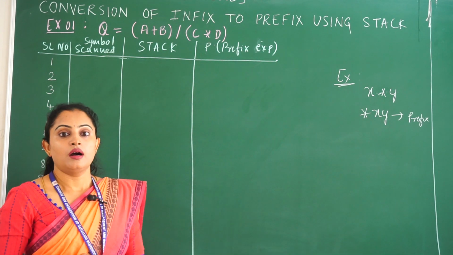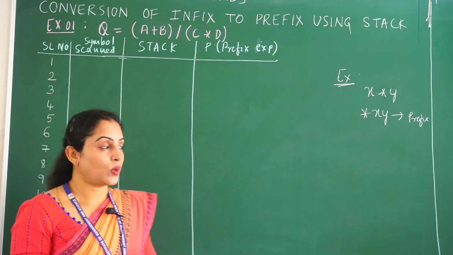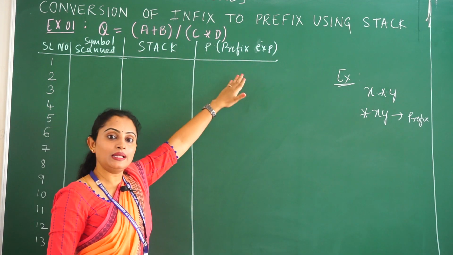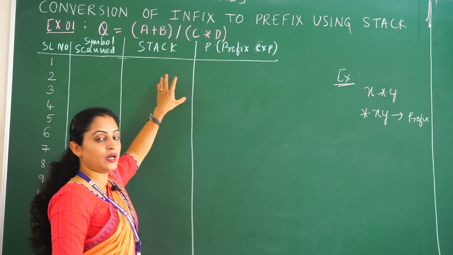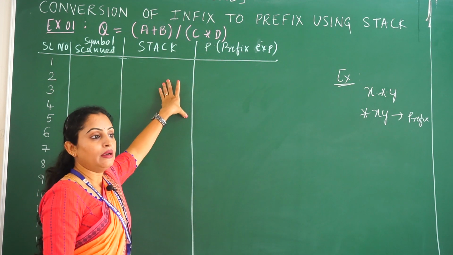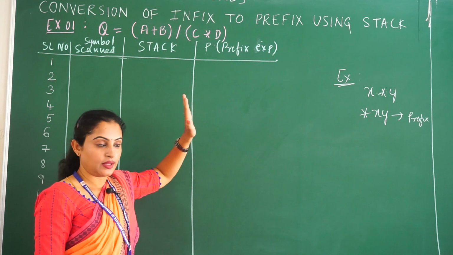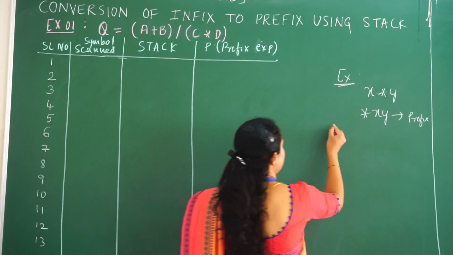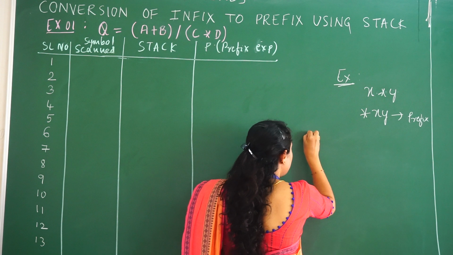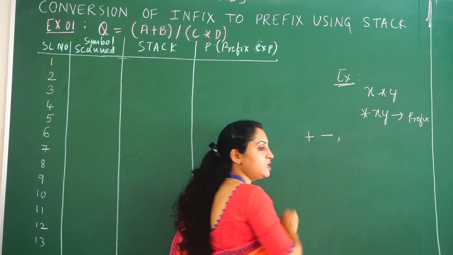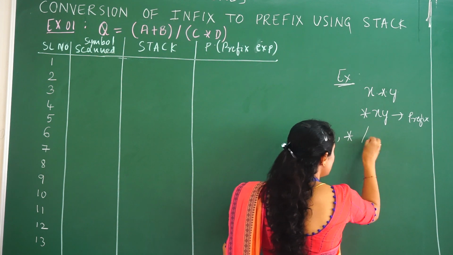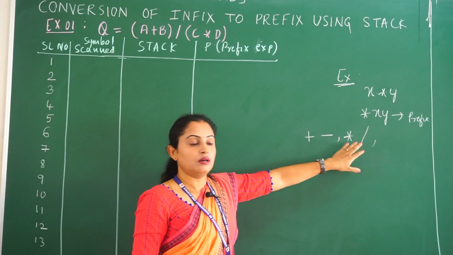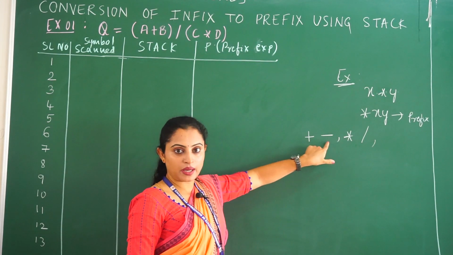Other than that, whenever an operand is encountered while scanning the expression, directly keep it in the prefix expression, and whenever an operator is encountered, we push it onto the stack, and we have to do a precedence check there. Plus and minus have equal precedence, and asterisk and division have equal precedence but higher than plus and minus.